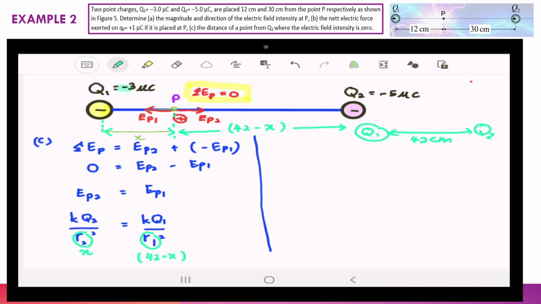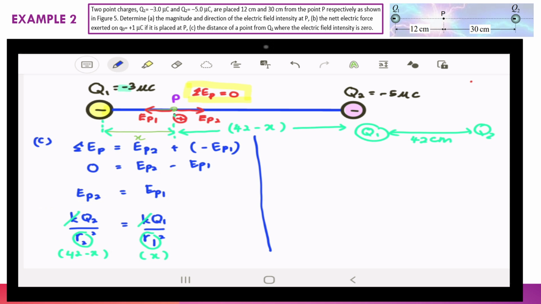We got it the wrong way around, so let's erase that. Here is R2, so 42 minus X, and R1 is X. Make sure you don't mix them up. So we can cancel K first, and then let's substitute all the values. Q2 is negative 5 microcoulomb.